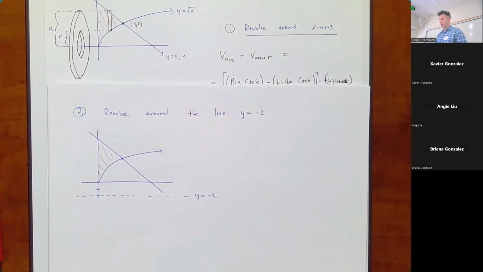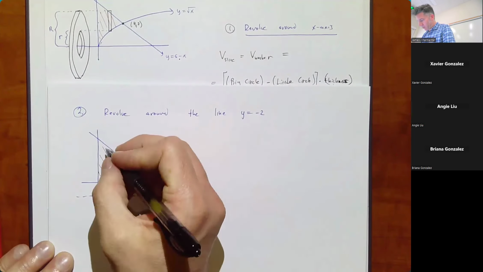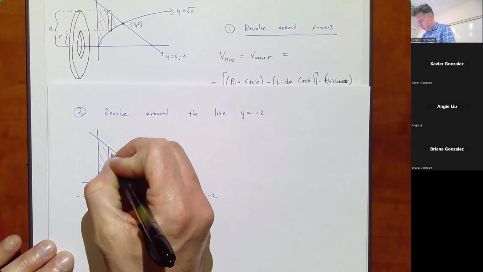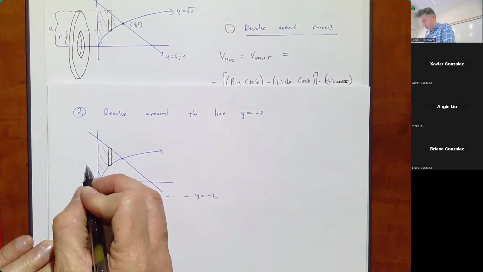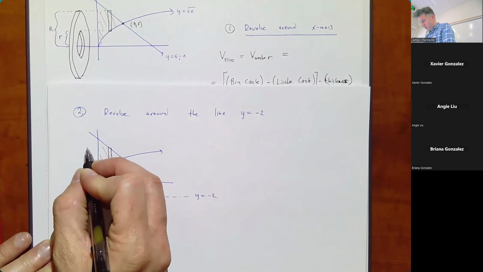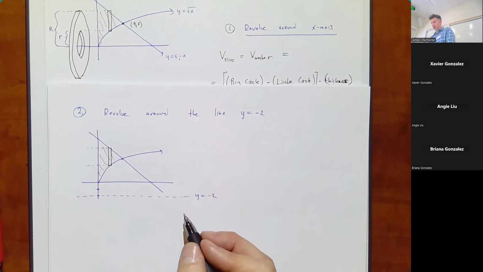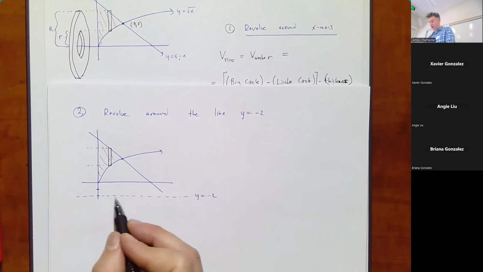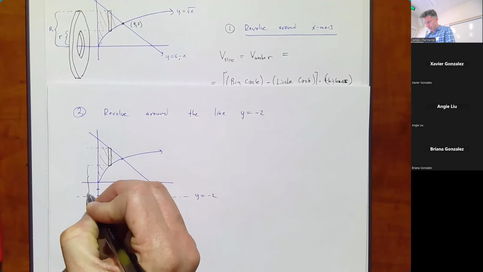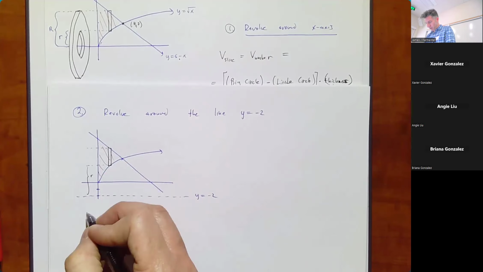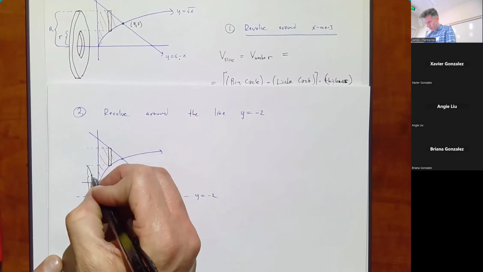Let me show you what's going to happen. So if I do the same sort of thing, I draw my strip perpendicular to my axis of rotation, and then bring it out here. And watch my picture. I'm rotating around now this line down here. So my smaller radius is that length right there. So I'm going like all the way down there.